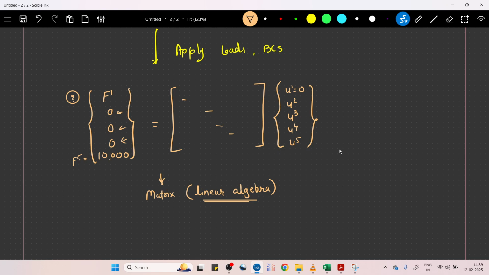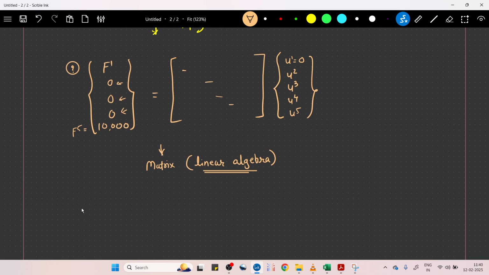Any program, if you take Python or any other program, will have linear solvers, so they can easily solve this system of equations. But if we want to do hand calculation for a big degree of freedom system, we cannot solve it by hand. But since this is five equations and five unknowns, we can easily solve this problem.